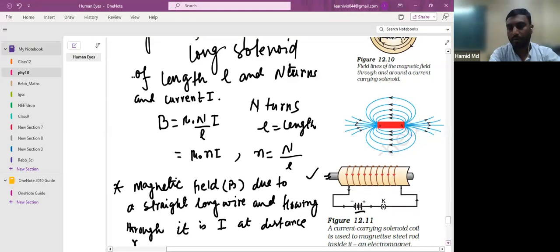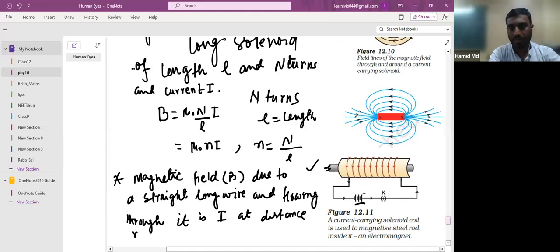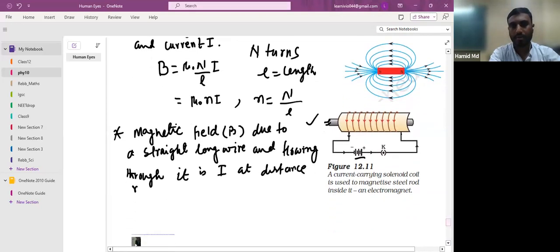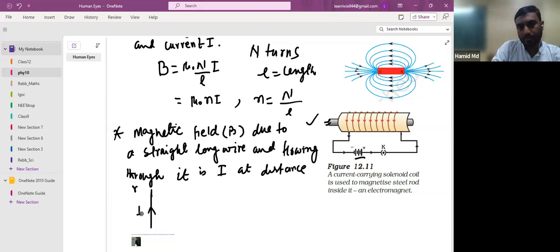Actually, I found in some questions for your standard that they are asking about the magnetic field. So this is the wire and current I is flowing through it, and we have to find the magnetic field at point P which is R separated. So B will be mu naught I over 2 pi d.